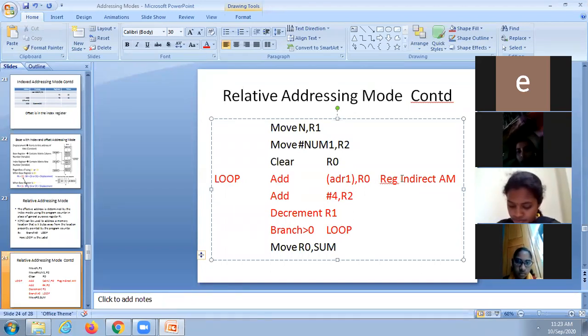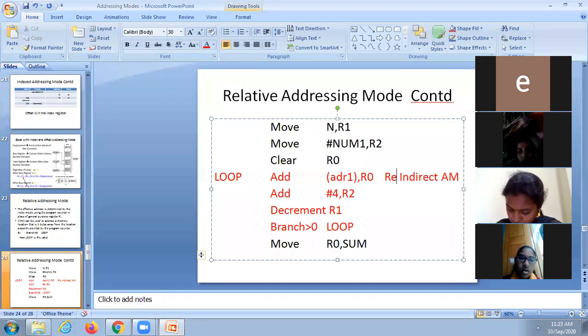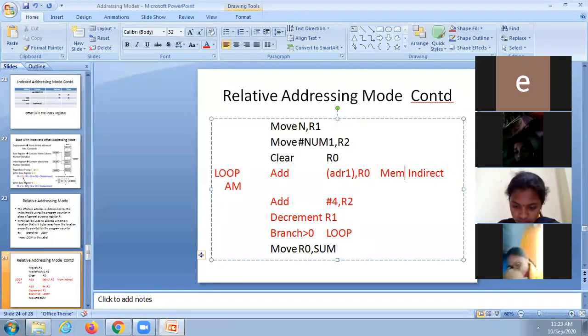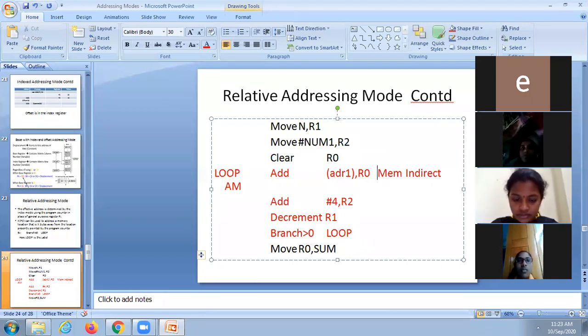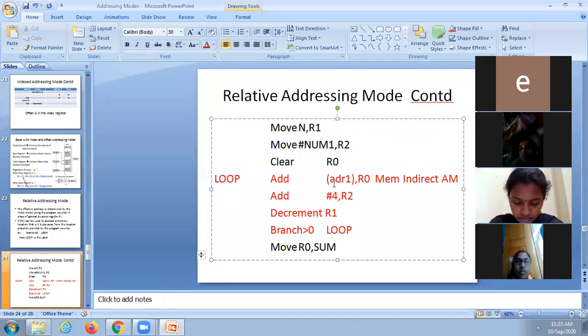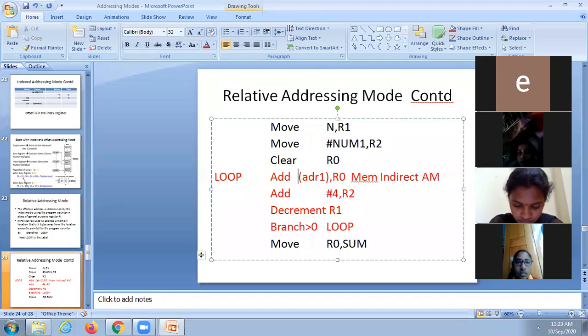Absolute? No. It is memory indirect. I think we are not comfortable with that. This is memory indirect addressing mode. All of you check it once again and be familiar with this, because I think you have a confusion in this.